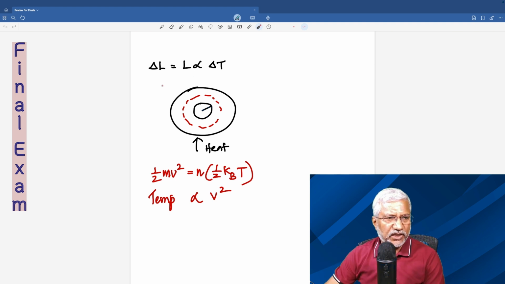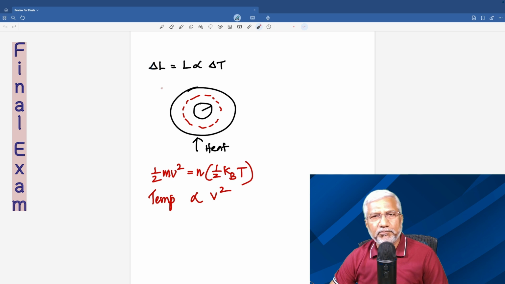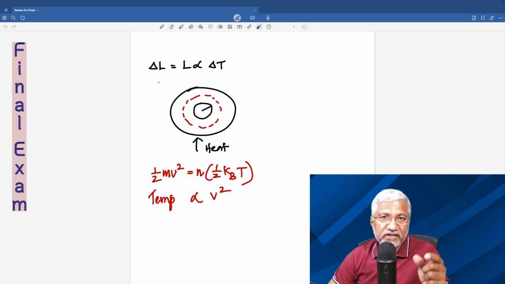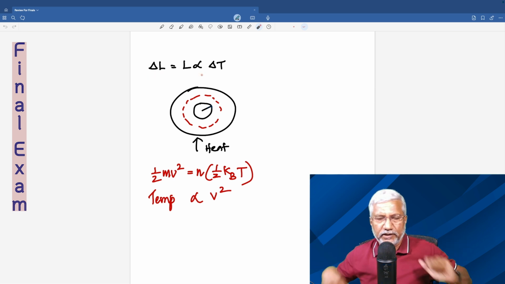And to find the change, this is the formula you use. There is one problem based on this formula. It's important to know that in this formula, delta L is the change in length. Well, in this case, it would be the change in the radius. Okay? So this would be for heating a rod.